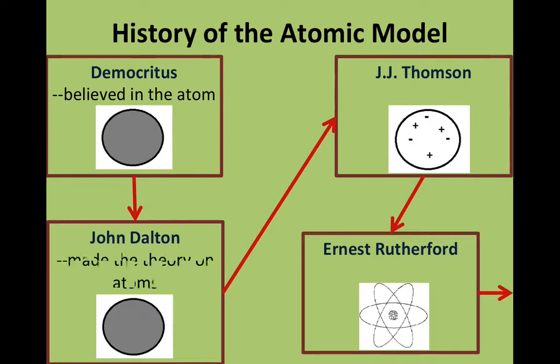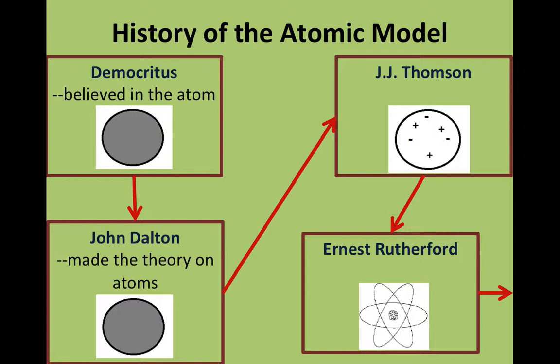Then atoms were barely studied until about the 17th century, when John Dalton came up with the theory of how atoms are classified. He came up with 4 points, but we're not going to worry about that at this point. If you take chemistry, we'll go more in depth.